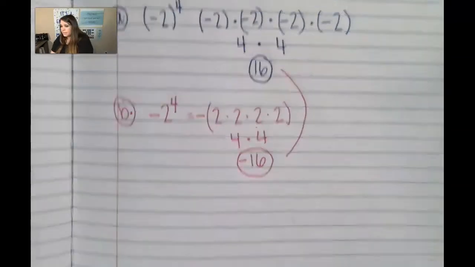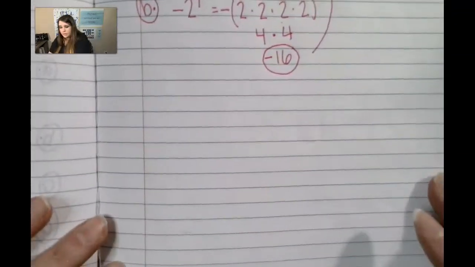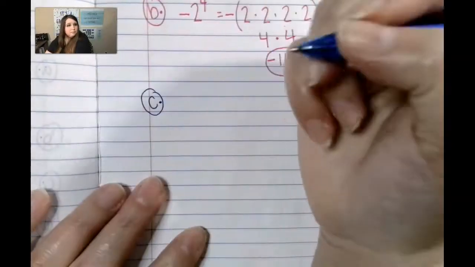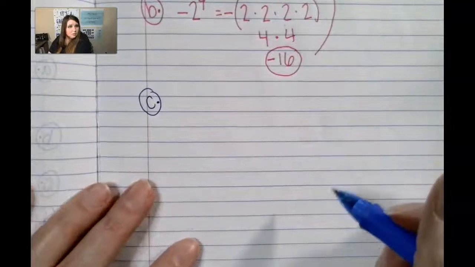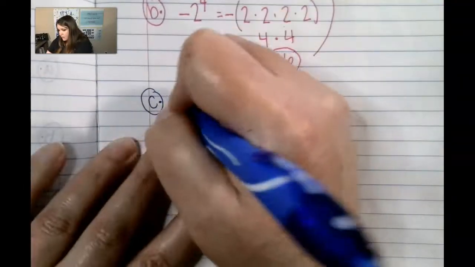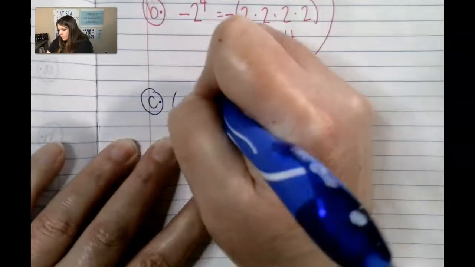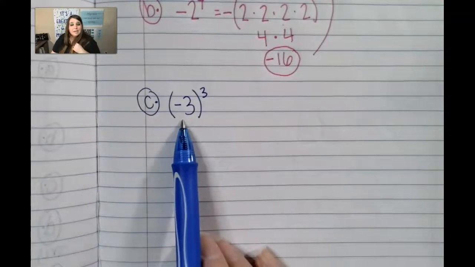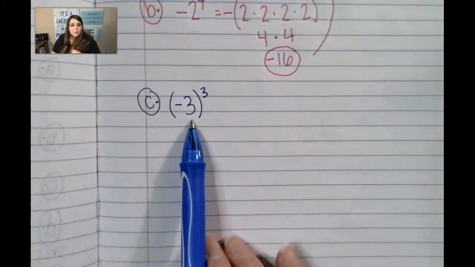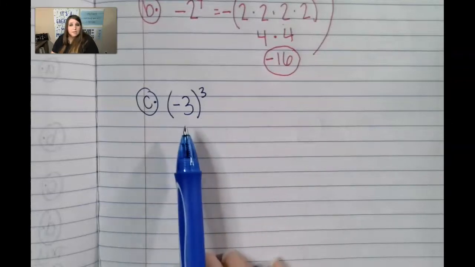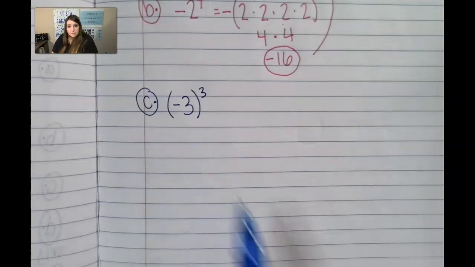Okay, let's look at example C. So in example C, they have -3 to the 3rd. Again, this -3 is inside those parentheses, so we are going to include those in our example.